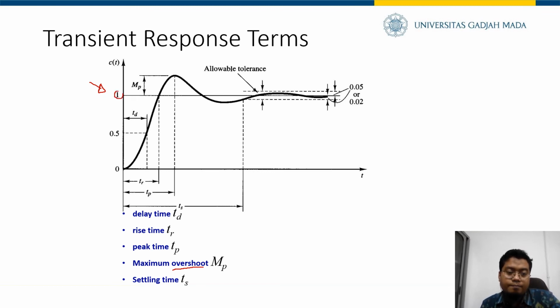If we define a target, like in this case 100% or 1, and the response value is more than what we targeted, exceeding 1, this is overshoot.